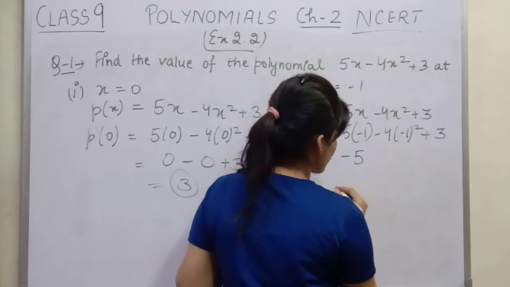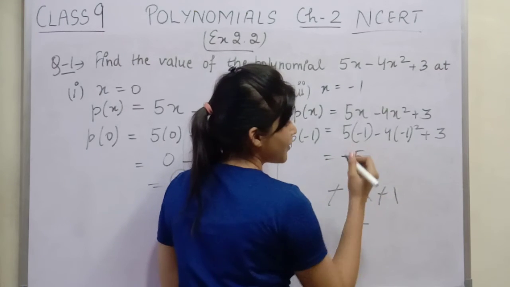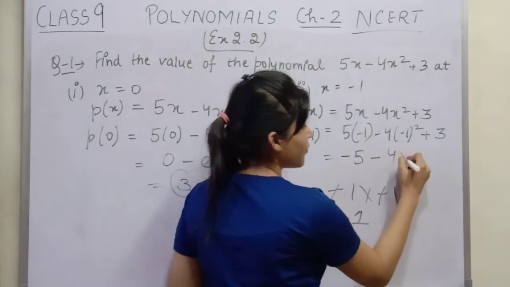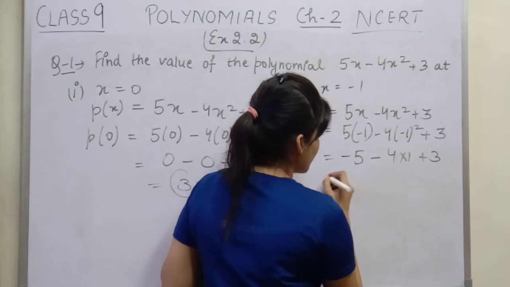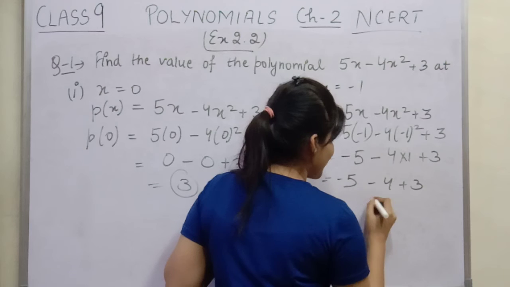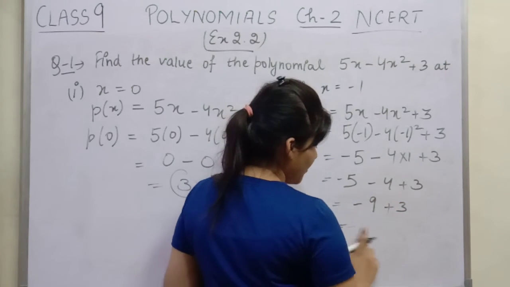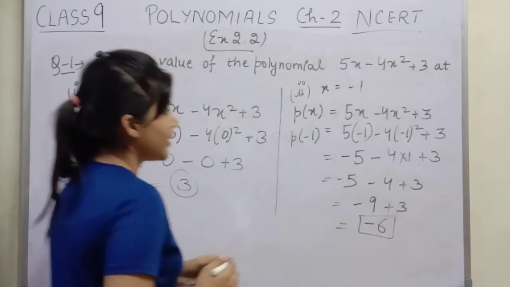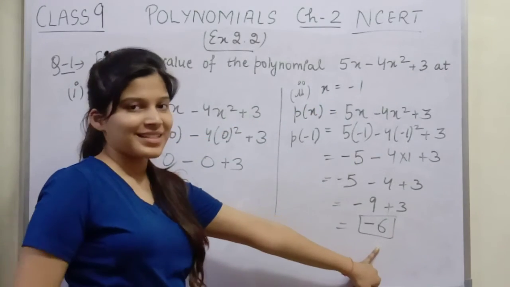Now see, minus 1 square: minus times minus cancels and 1 remains, but this is already in minus, so that will be minus 4, because minus 4 into 1 is minus 4 only. So this will be minus 5 minus 4 plus 3. Minus 5 minus 4 is minus 9, plus 3, so this will be minus 6. So the value at x equals minus 1 is minus 6, right?